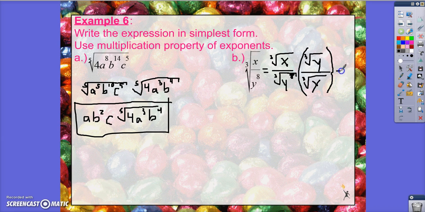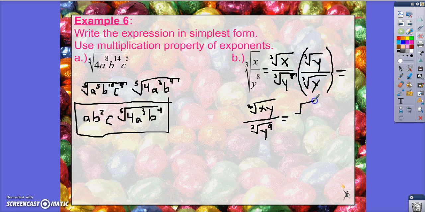Whatever you do at the bottom, you got to do the top. So that leaves us with the top is just the cube root of xy over the cube root of y to the 9. Remember, when you multiply, you add exponents. 8 plus 1 is 9.